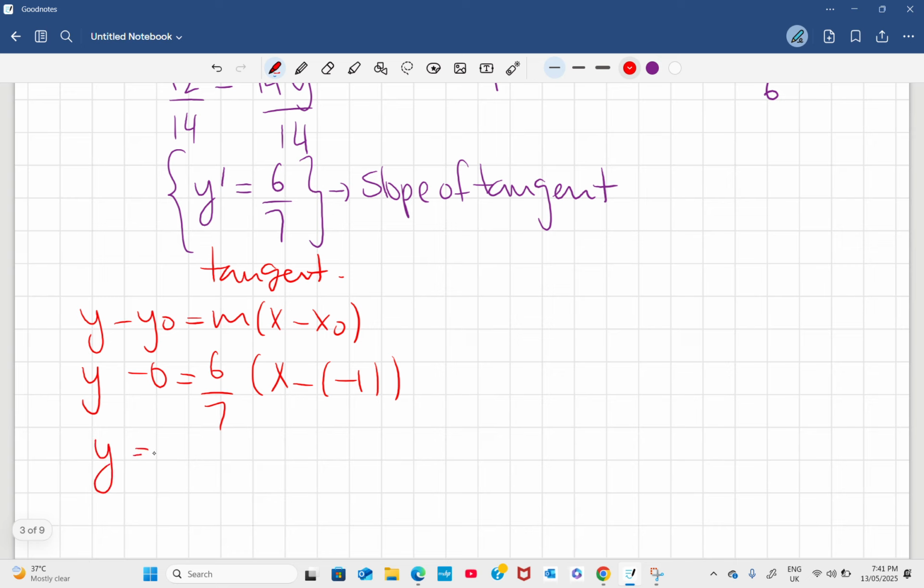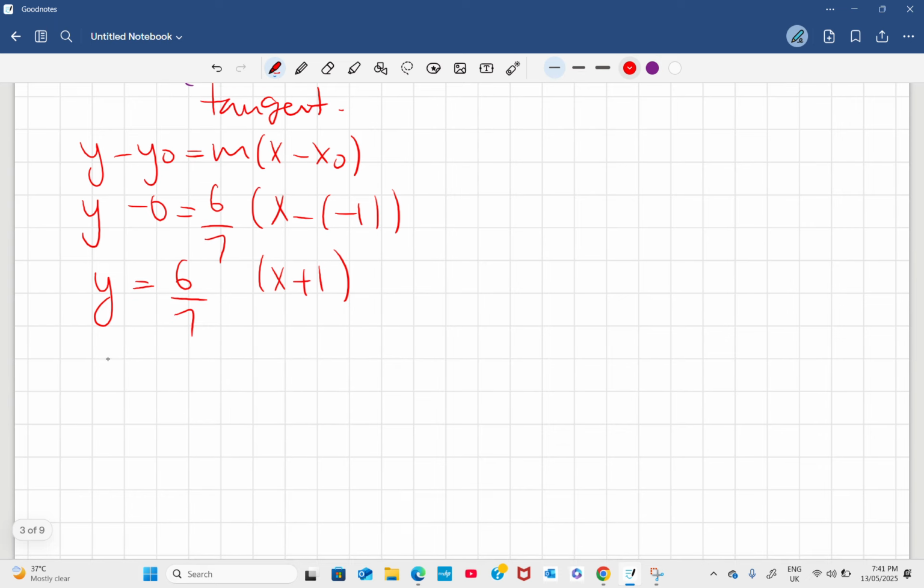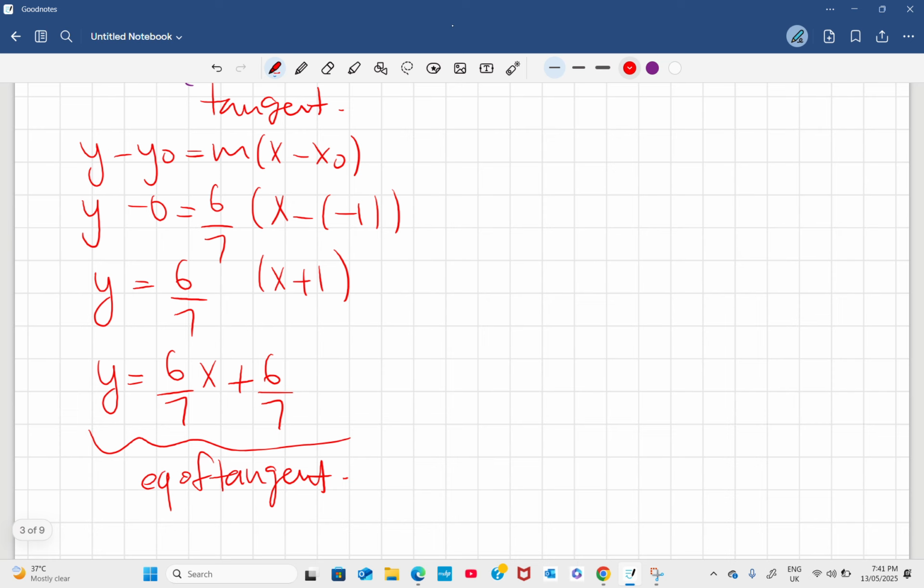So y is equal to 6 over 7 into x plus 1. So I'm just going to distribute the 6 over 7 now. So 6 over 7 x plus 6 over 7. This is the equation of the tangent line.